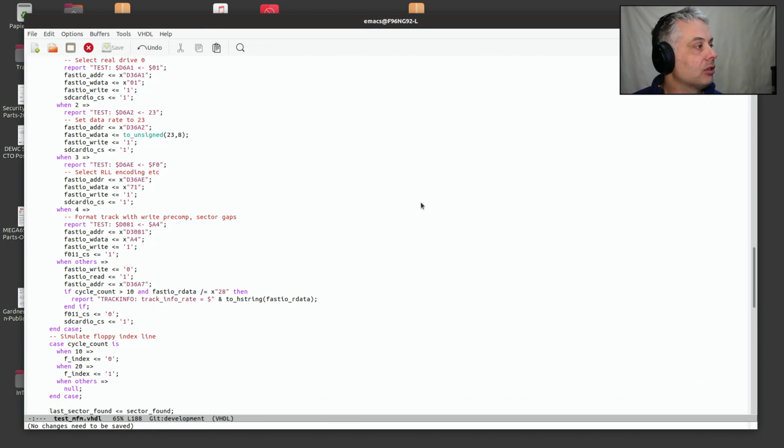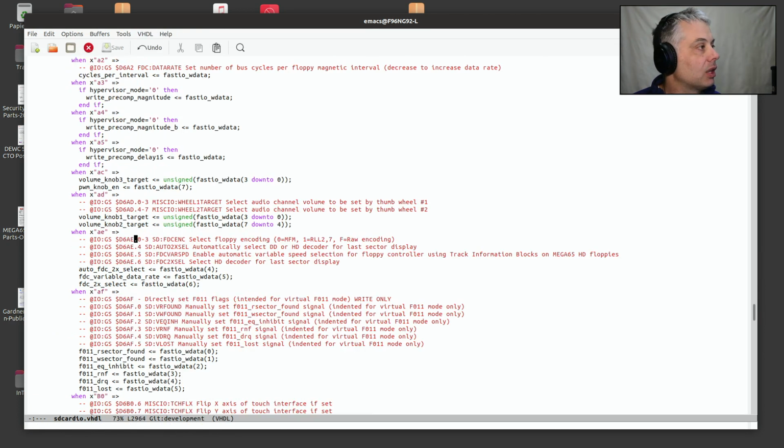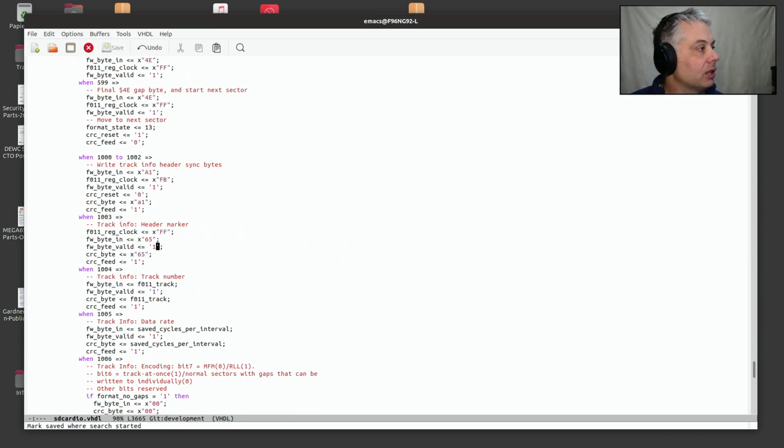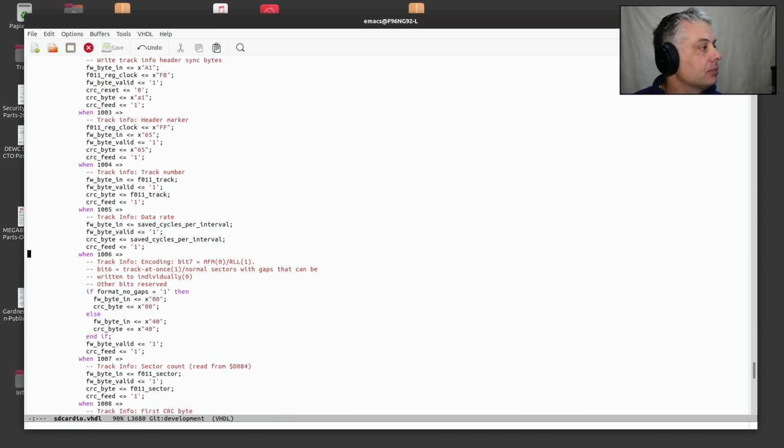But what we need to do is, remember we had that issue where I said that the track information block wasn't writing out the encoding. So what we want to do is 7 down to 4, in the top half, we are putting the encoding.